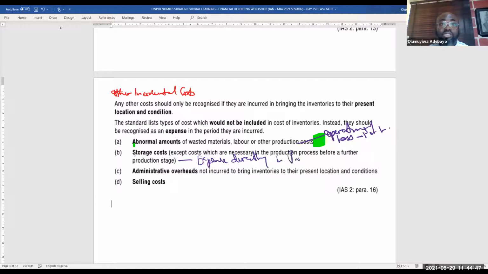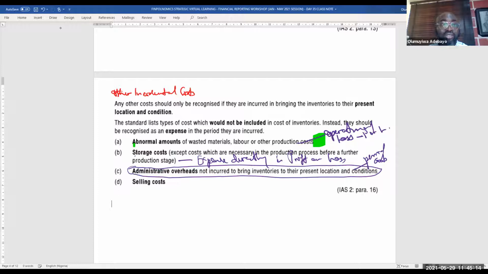Now, administrative overhead not incurred in bringing the inventory to the present location, which means administrative overhead attributed to things like marketing, things like accounting services, and so on. All of these are treated as period cost.